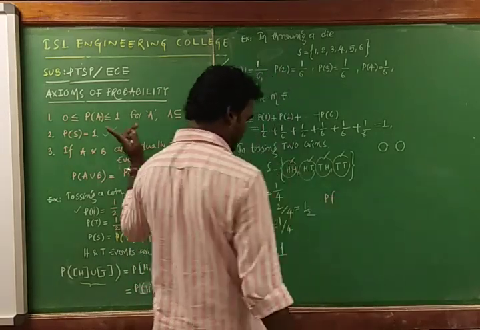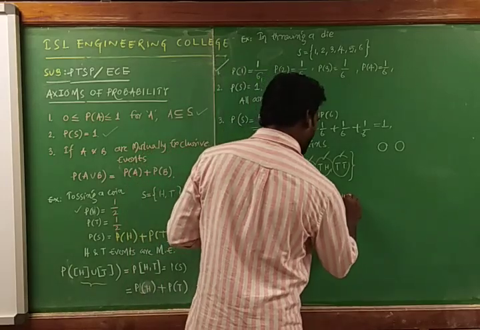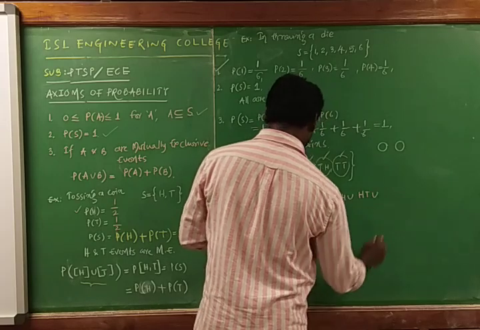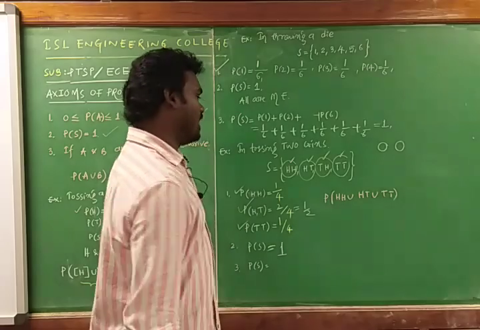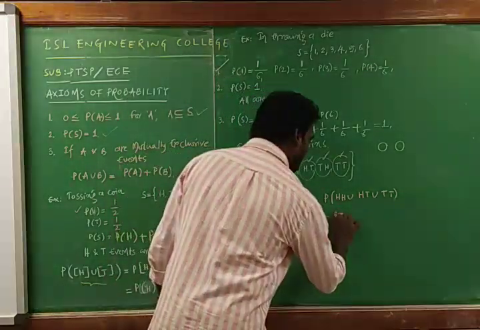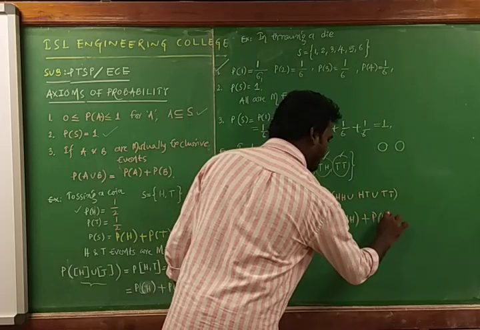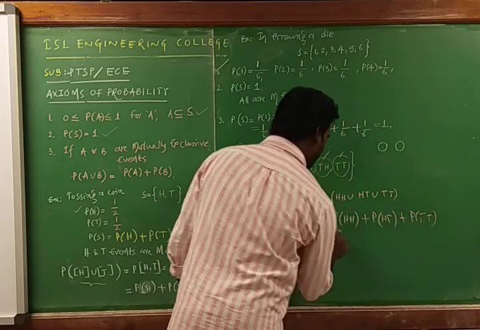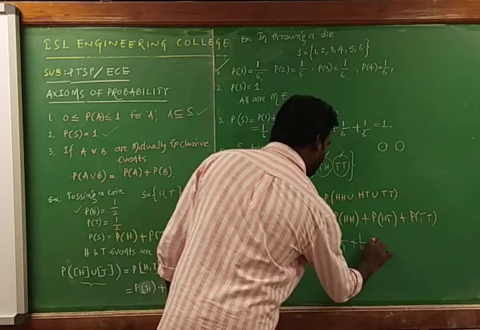Here we go with the probability of HH union HT union TT, which is the probability of HH plus the probability of HT plus the probability of TT. This equals 1 by 4 plus 1 by 4 plus 1 by 2.